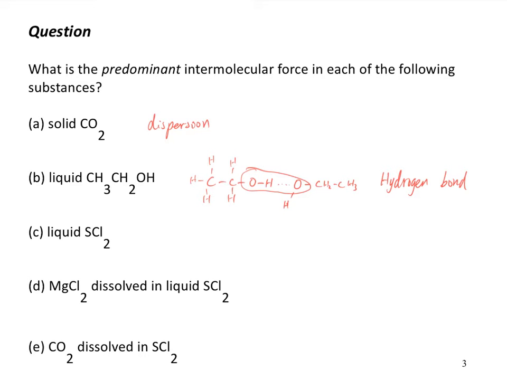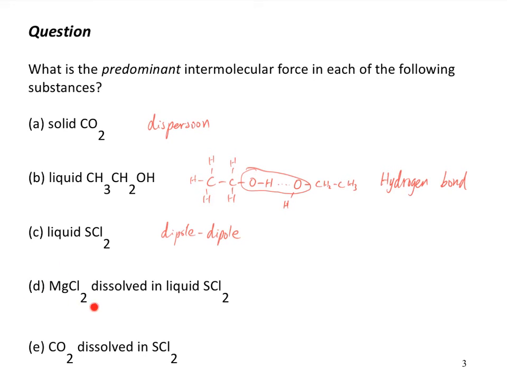And we have talked about liquid sulfur dichloride. In this case, the predominant intermolecular force among these molecules is simply dipole. Why is that? Because there's no ion involved. This molecule is a polar molecule, and apparently we couldn't form a hydrogen bond. There's no hydrogen in here at all. So we have dipole interactions.